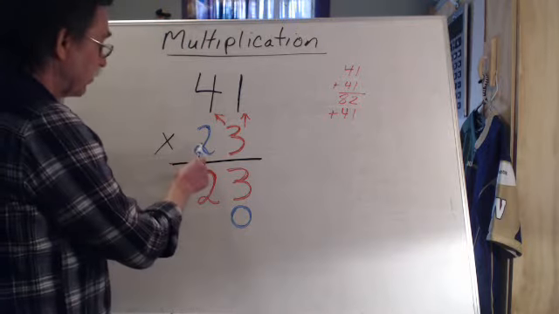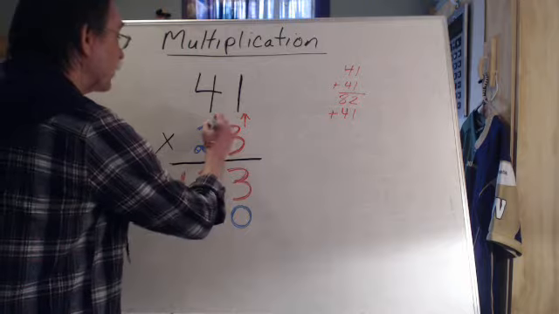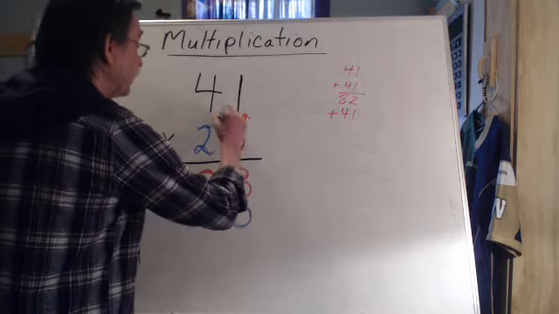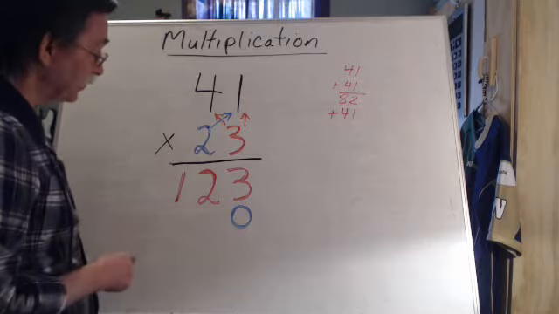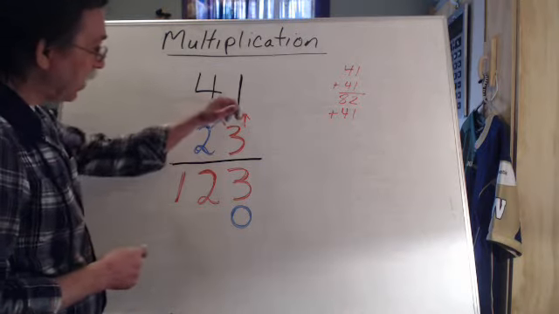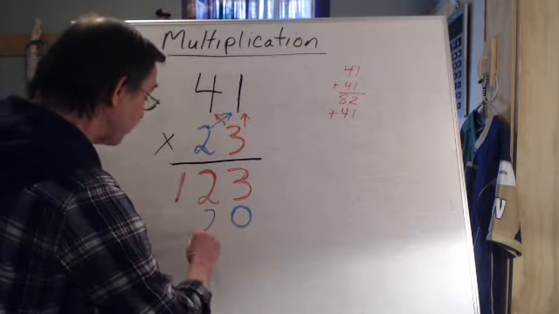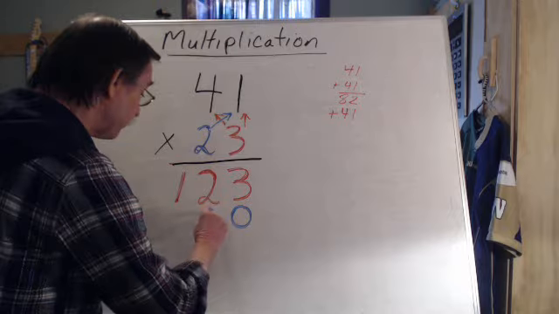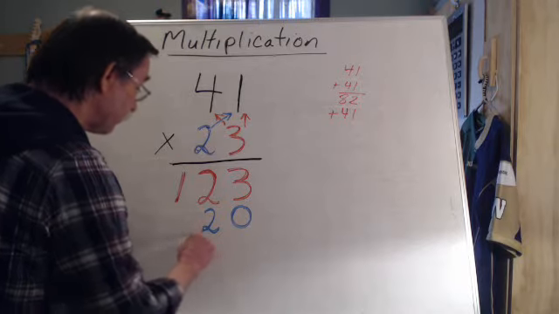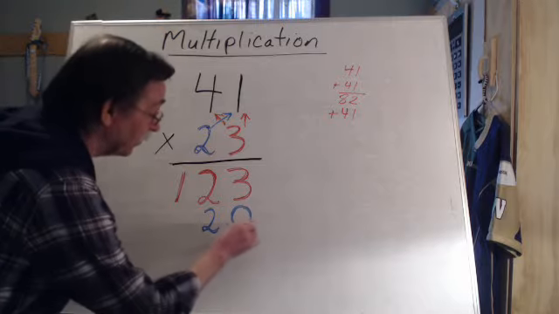Okay, so let's go back to this 2 up here. I'm going to go 2 times 1. Remember I said everything on the bottom has to multiply everything on the top. 2 times 1 is pretty easy. That's a 2. I'm going to make this 0 bigger.